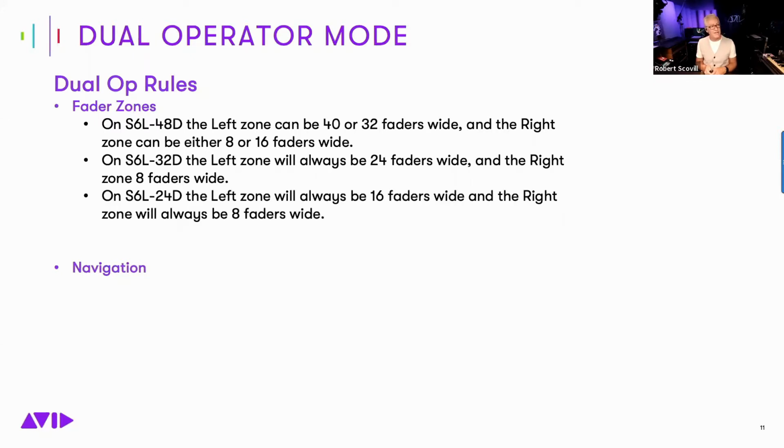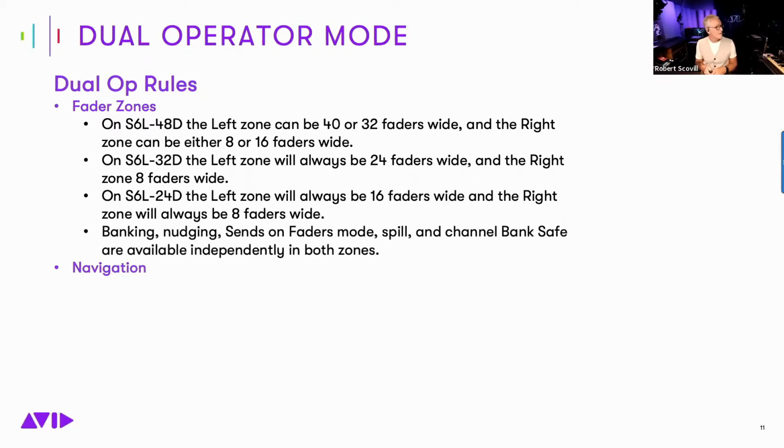It will always be 8 faders on the right. Here's the cool part, though. This is where it gets really fun. Banking, nudging, sends on faders, spill, channel bank safe, these are all independently available in both zones. That's where the power really comes in to dual operator, where you can navigate and operate independently on those sides.